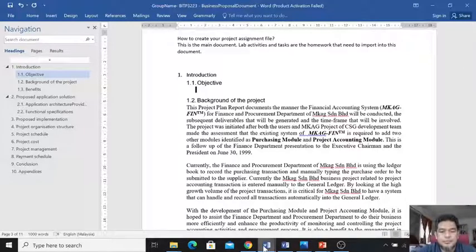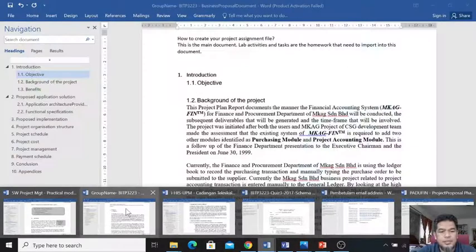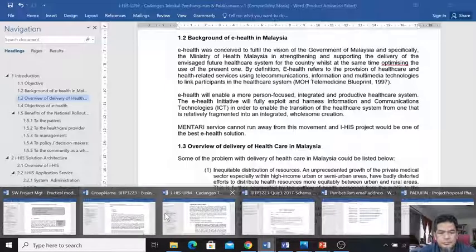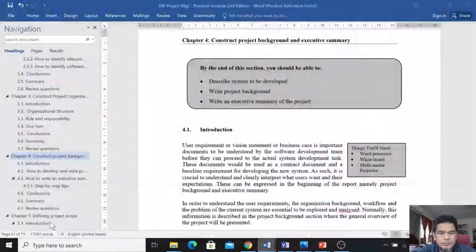Now we go to another very important thing, the executive summary. Project background, as I mentioned just now, and another one is the executive summary.